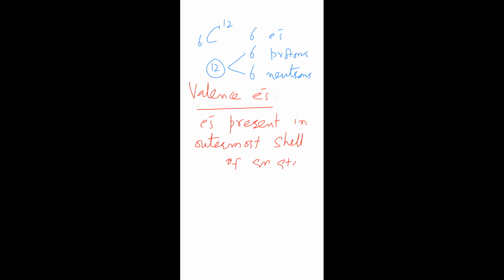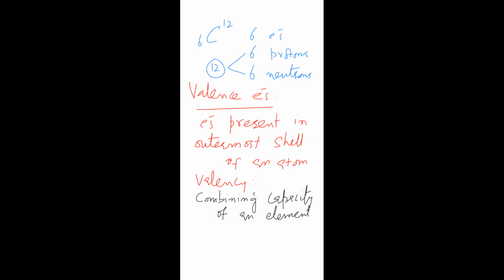But what then is valency? Valency is the number of electrons given or taken to achieve a stable electronic configuration. That is also the definition of valency. In simple language, it is the combining capacity of an element.